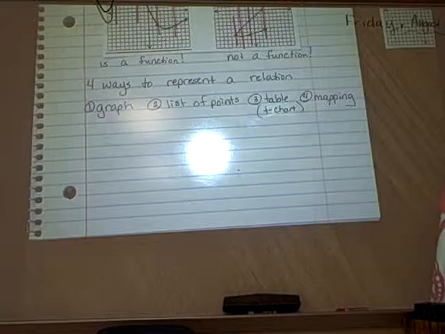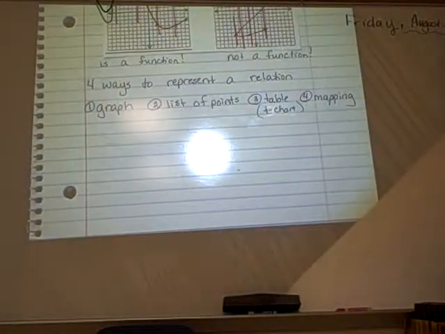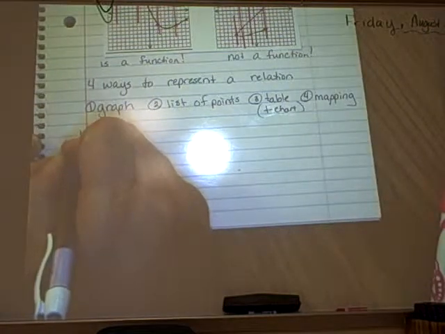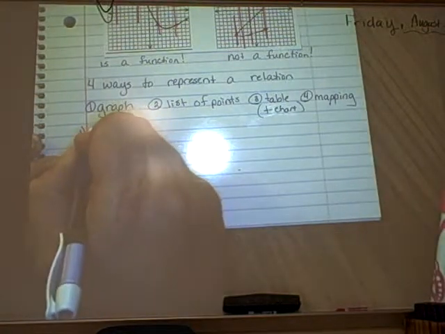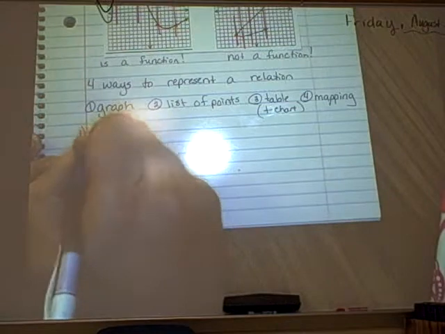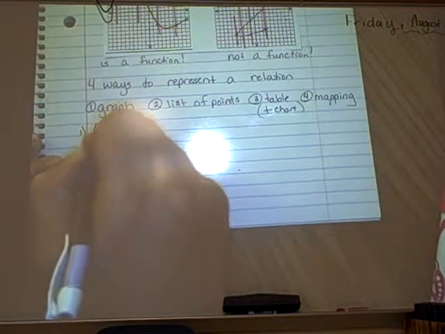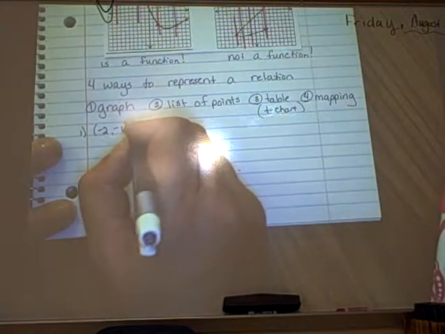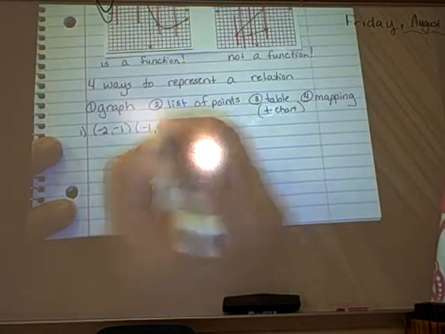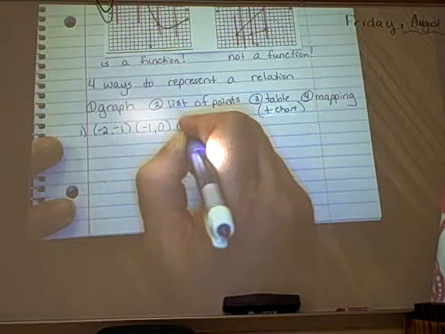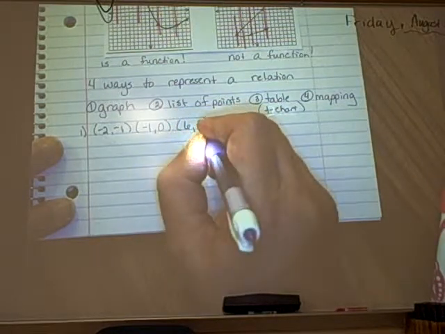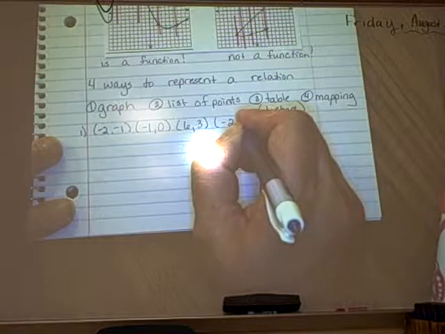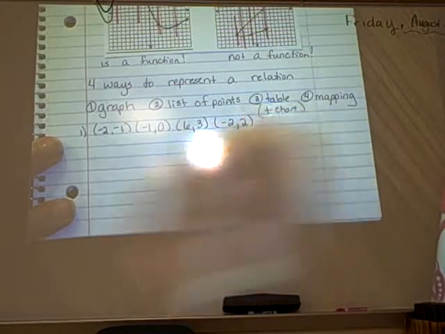Okay, so we're going to do 2 examples of these, and we're going to use these graphs here in just a second. So the first example, example 1. I'm going to do it from a list of points. So I've got (-2, -1), (-1, 0), (6, 3), and (-2, 2).